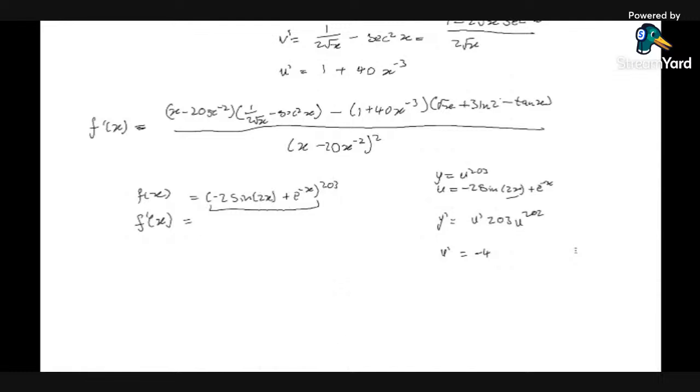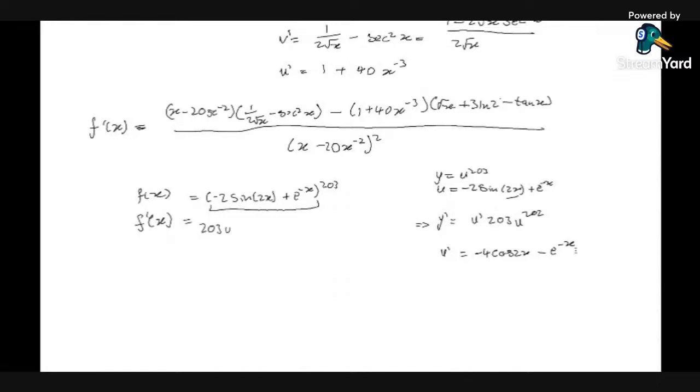Okay, so now we have our 4 for that part, and then we just have to put our cos of 2x, and then we're done with that, and then this one gives you negative e to the power of negative x, right? That's the derivative of that part. And now we're done. We just have to put this together, because this is what we're looking for. So to give you that f prime, you have to just times in front 203 times that whole bracket.